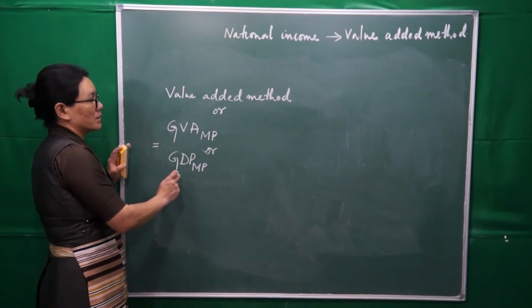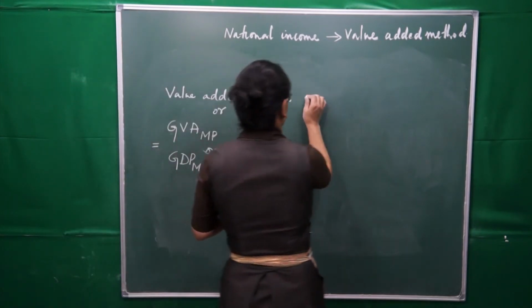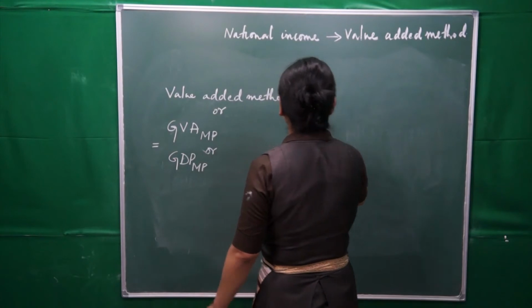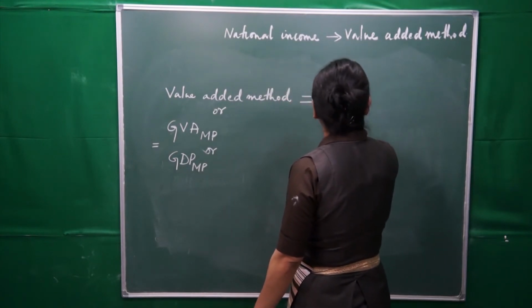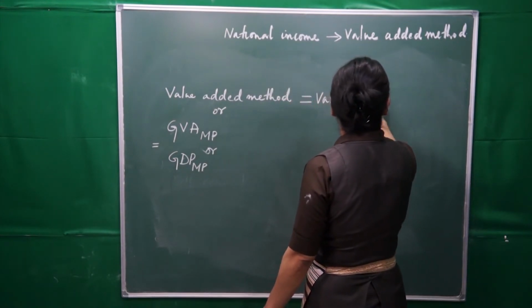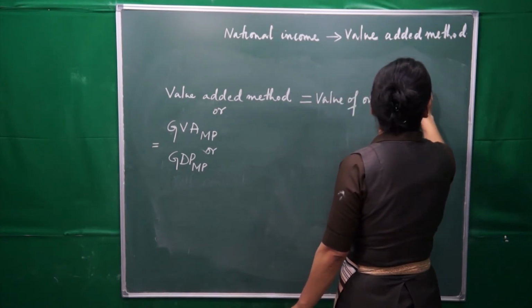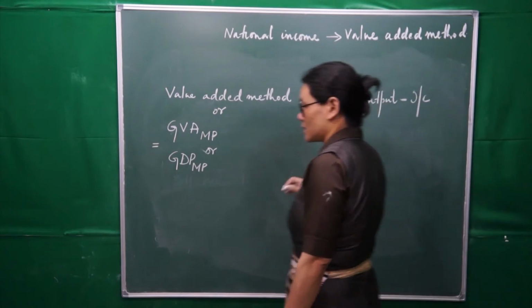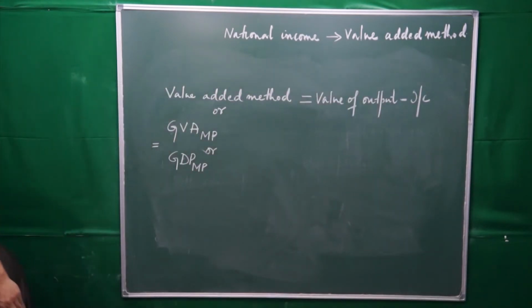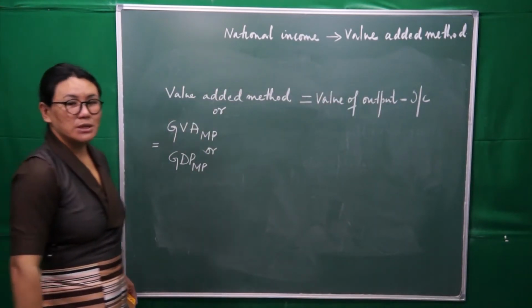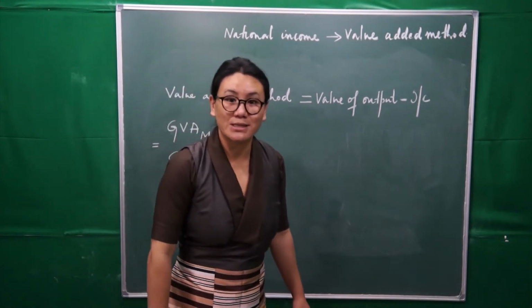Now the value added method formula is value of output minus IC, intermediate consumption. Intermediate consumption can also be called purchase, I said.